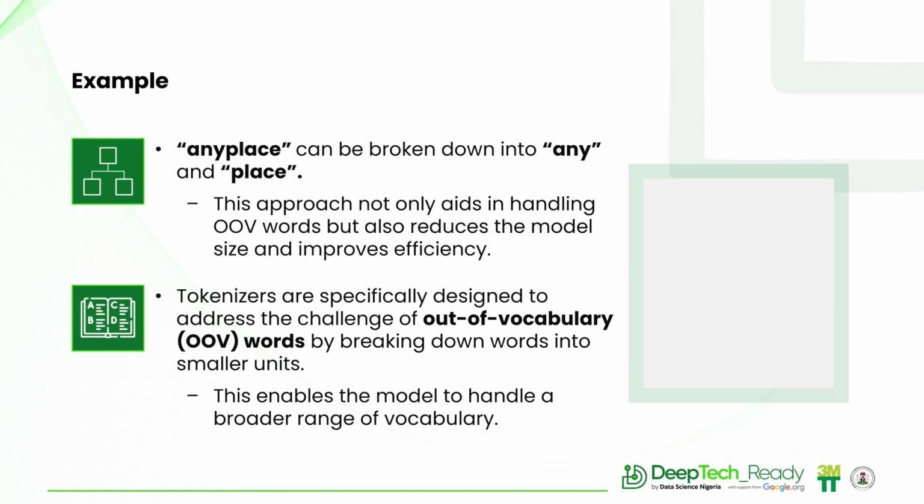And this approach not only aids in handling out of vocabulary words, but also reduces the model's size and improves efficiency. And one good thing is that these tokenizers are specifically designed to address the challenges of OOV words, and they do that by breaking down words into smaller units. And this enables the model to be able to handle a broader range of vocabulary.